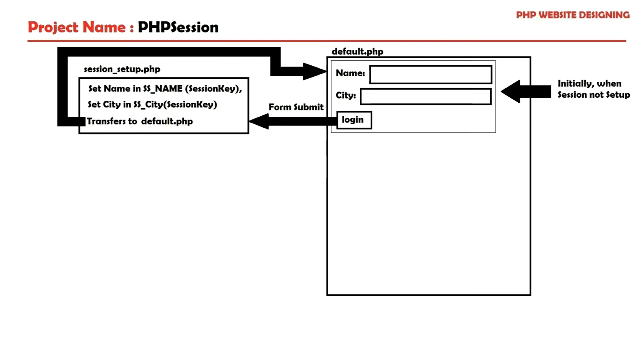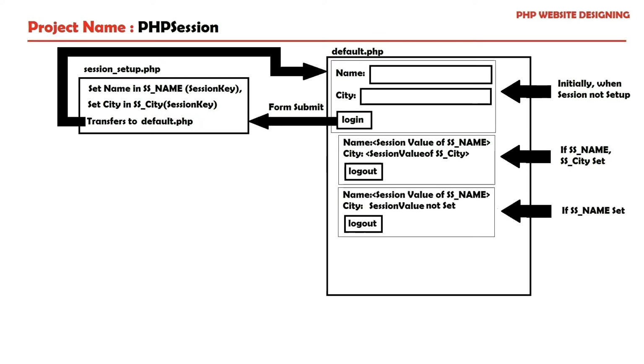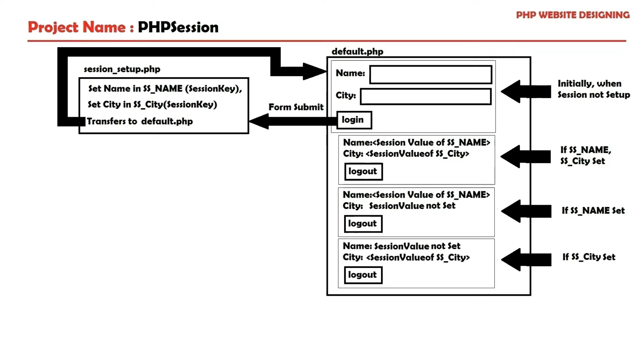If ss_name and ss_city are set, we display their values. If only ss_name is set, we display ss_name and say city session value not set. If only ss_city is set, we display ss_city and say name session value not set.